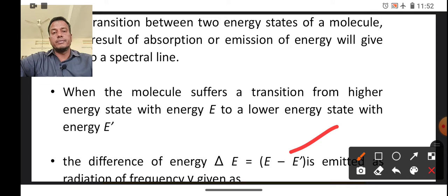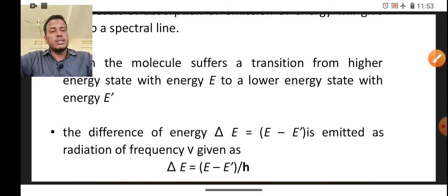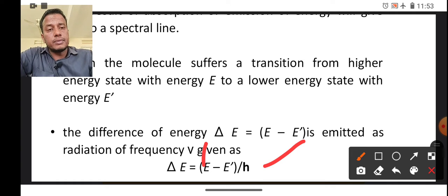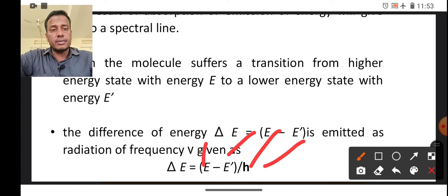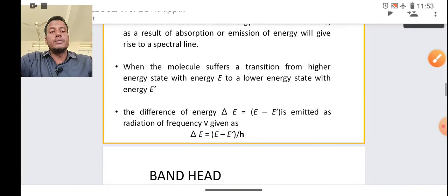So we can write delta E equals E minus E dash, and dividing by h, where h is Planck's constant, gives the frequency corresponding to the difference in their energy levels.